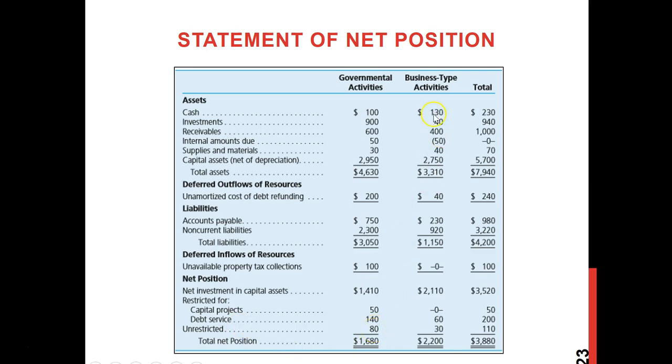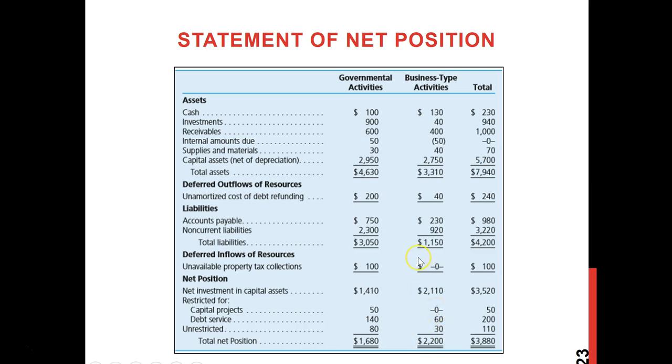Now, if you look at their business type activities, you will see again they present all of their assets and deferred outflows, then liabilities and deferred inflows. And if you subtract that, you will find their net position. So again, net position will be classified into three categories: investment in capital assets, and any amount that is either restricted or unrestricted.